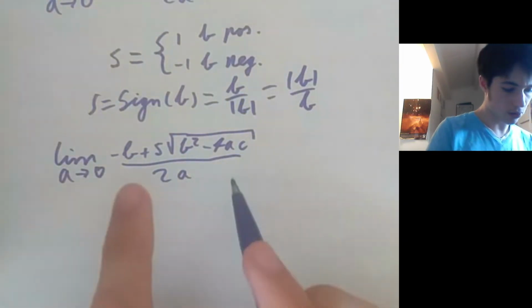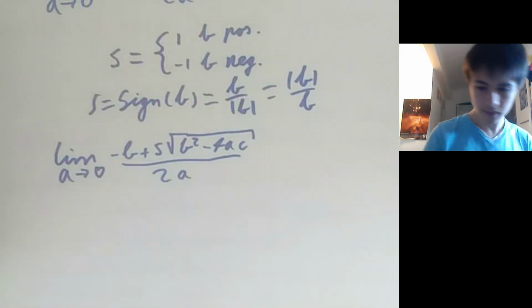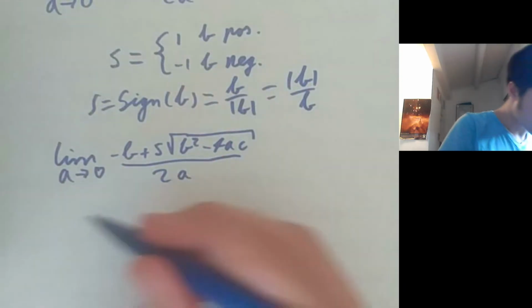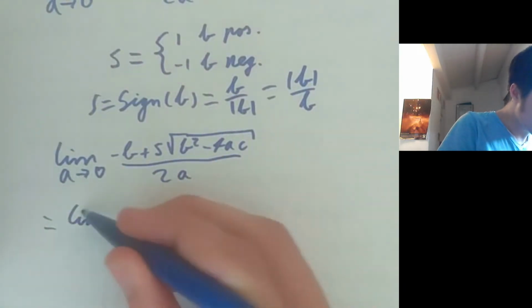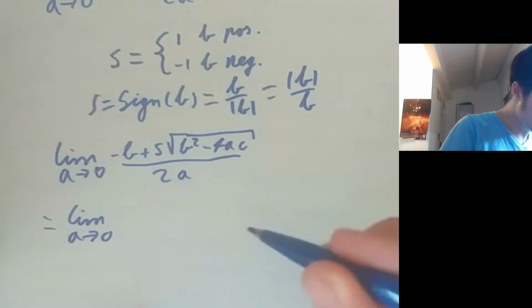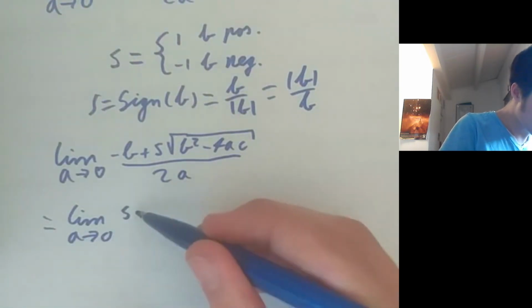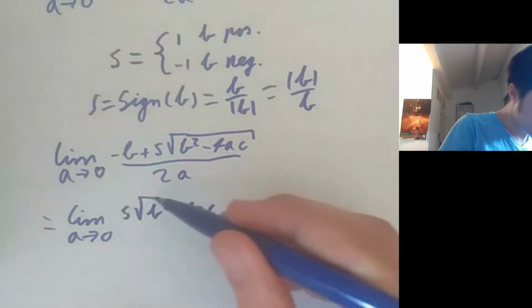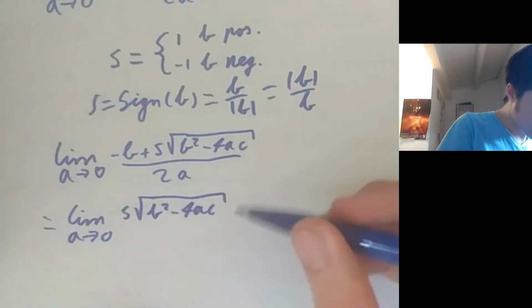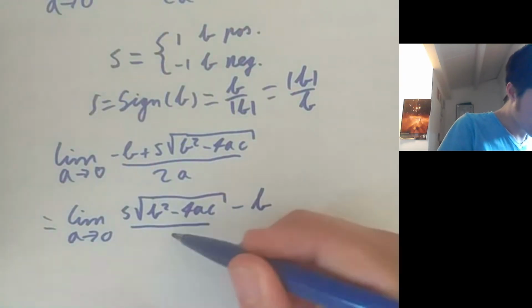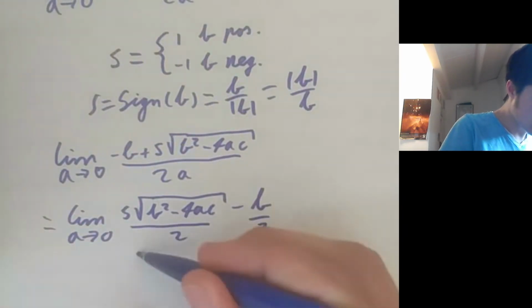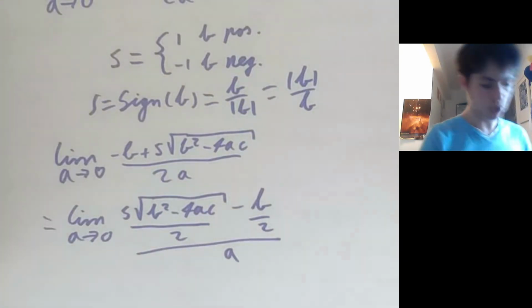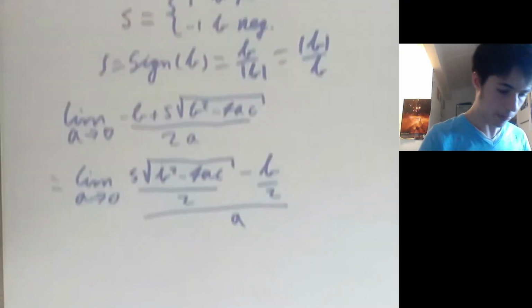First of all, I'm going to swap those two. So this is equal to the limit when a goes to 0 of the sine of b times the square root of b squared minus 4ac, minus b, and then over 2, and then the whole thing over a. So I'm going to write it like this.